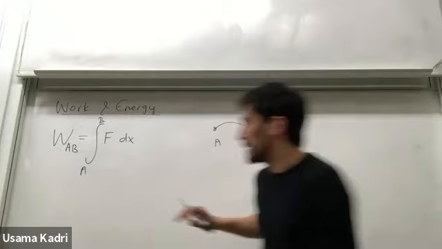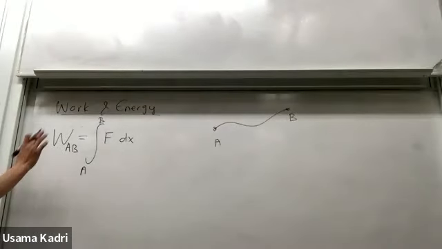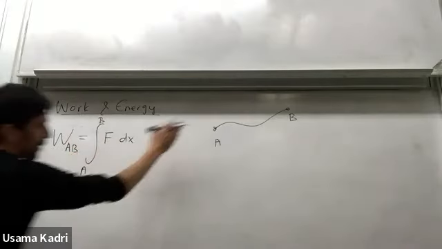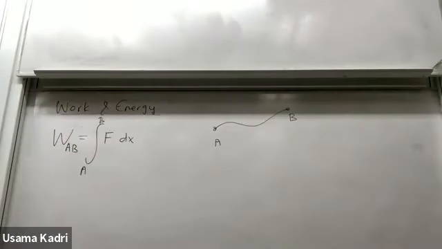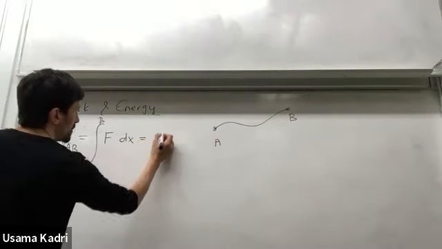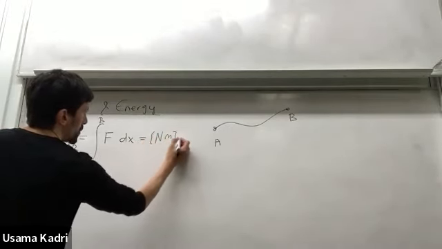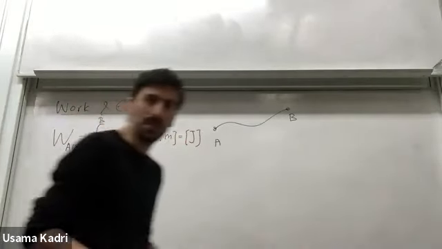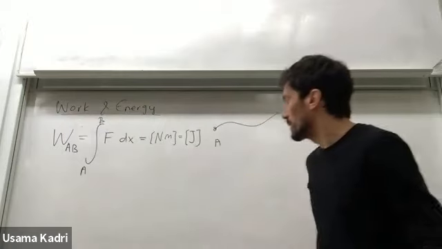So, okay, let's go back here. So the work would be the force. We integrate over the force along that path. And that is Newton times meter, which we refer to normally as joules. It's an energy unit.